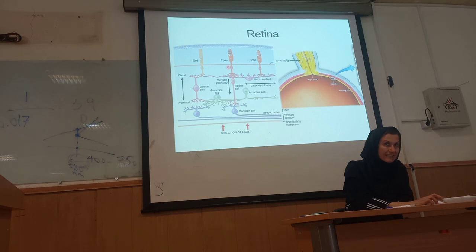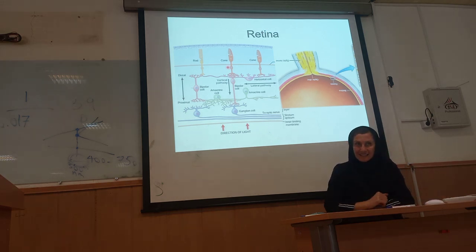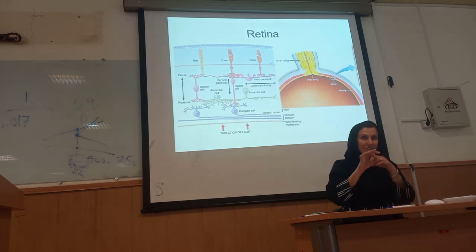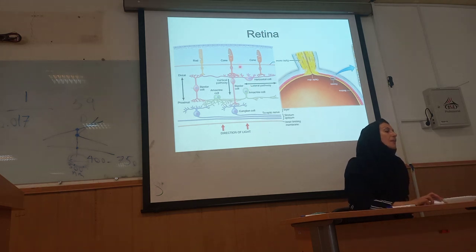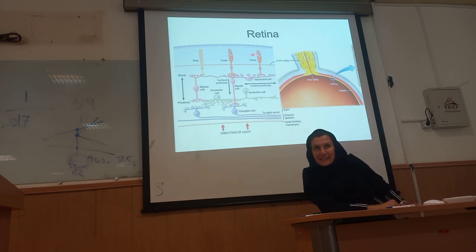They are placed in the outermost layer of the retina. So light rays should pass through these ganglion cells, bipolar cells, and after that, when reaching the photoreceptors in the outer segment, they can be converted to electrical energy.